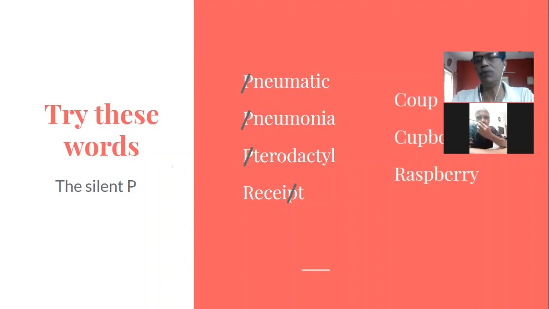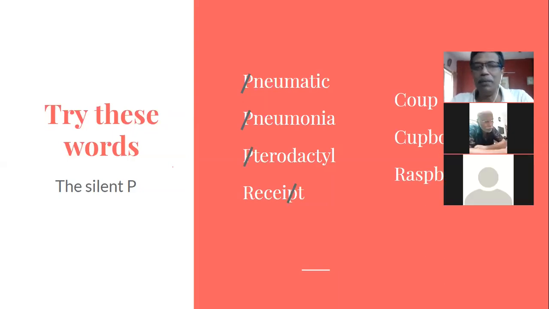Then you have got some words like cupboard. Please, a lot of people try to pronounce the P over there. It's not required. It's just cupboard. Raspberry. It's not raspberry with a P sound. It's raspberry.